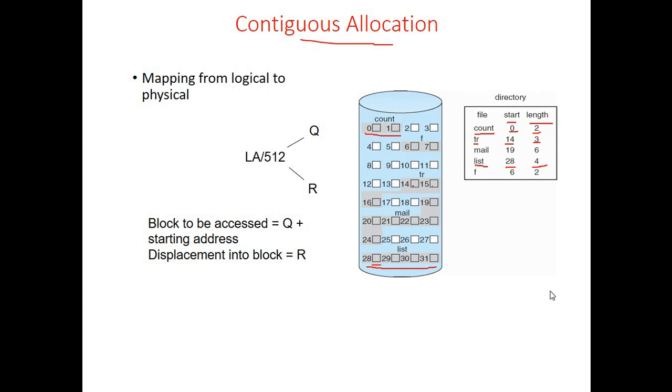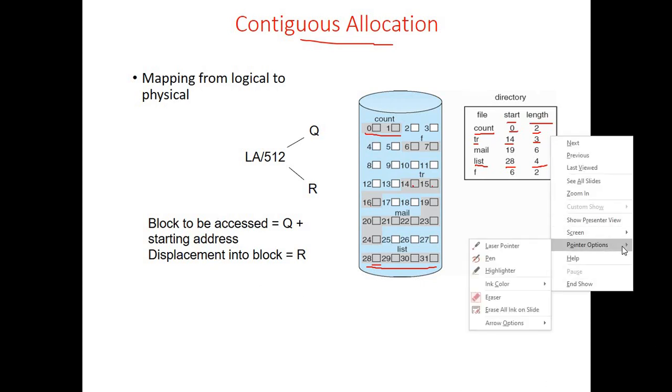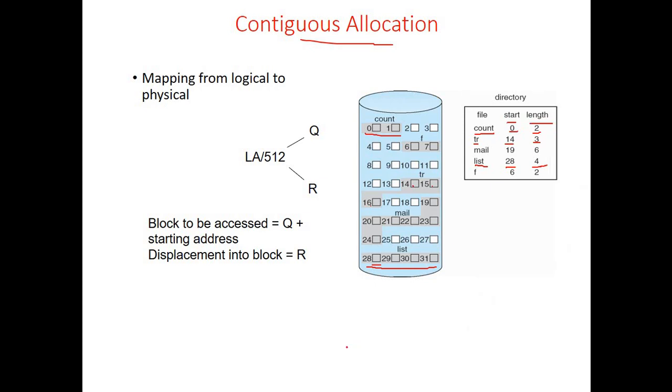When we want to access a specific instruction within a block, we can access that instruction by using 3 components: one is the block number, the starting address of the file, plus the displacement within the block. All these 3 components are essential to access a specific instruction within the block.